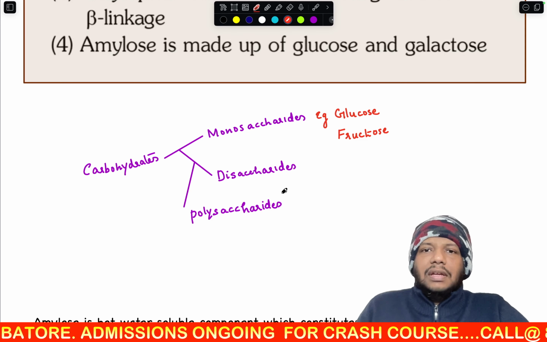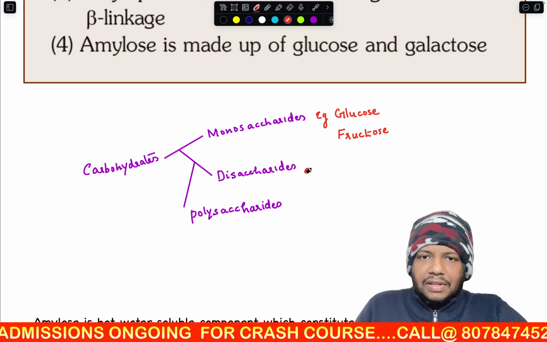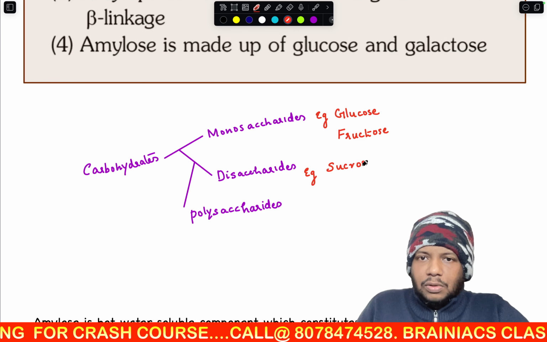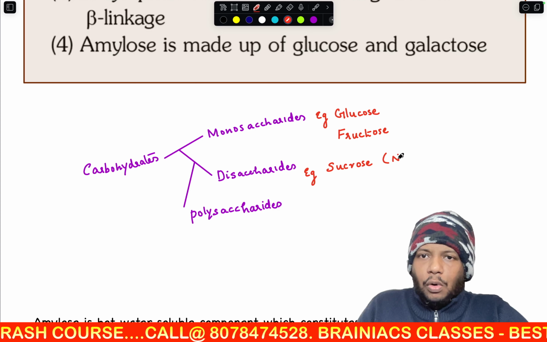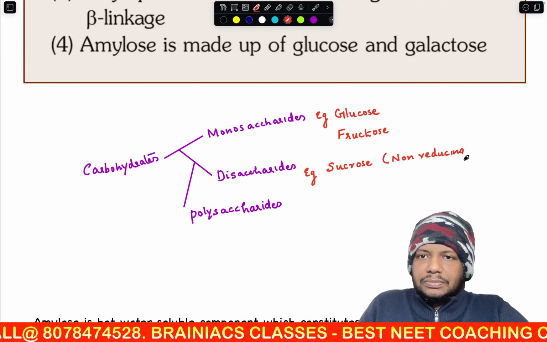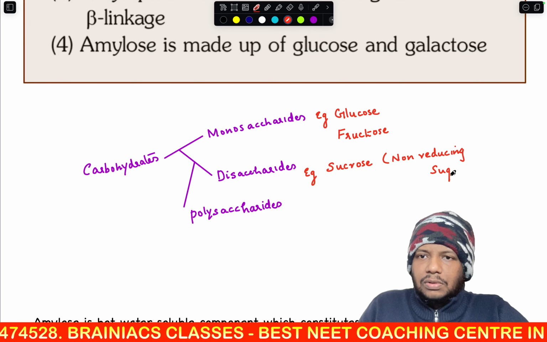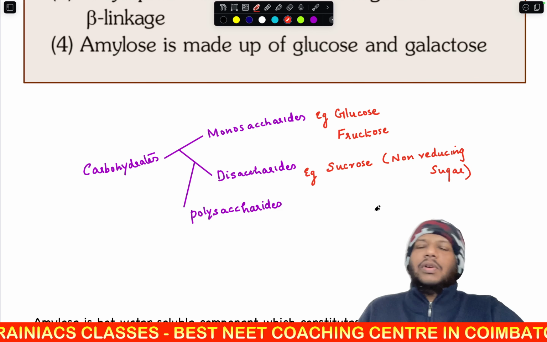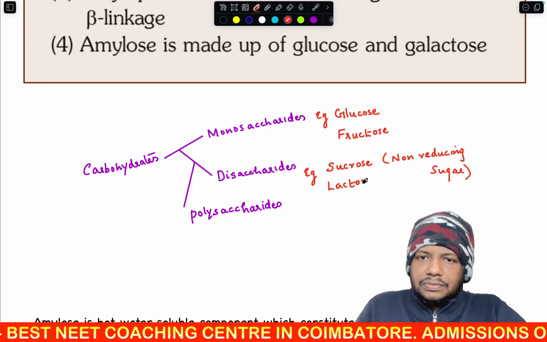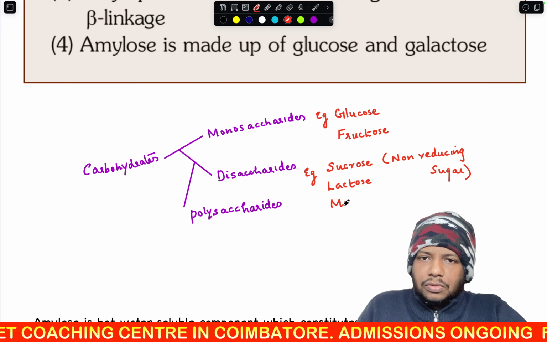Then coming to disaccharides, mainly we are supposed to learn sucrose, very important. Sucrose is one of the non-reducing sugars. I will tell you in another section why it is called non-reducing. Other than that, we are supposed to learn lactose and maltose.